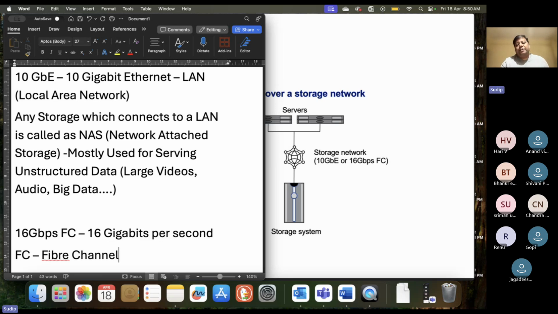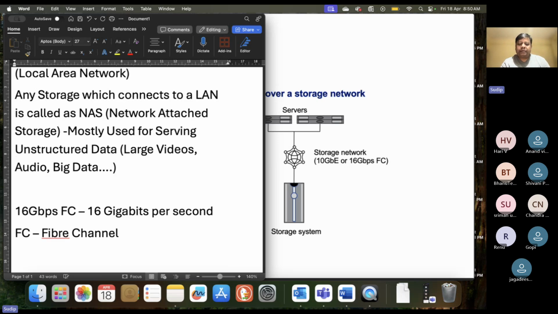Now, when we speak of fiber channel, there are two different kinds of fiber. The word fiber itself. One is called fiber, please stress on this.